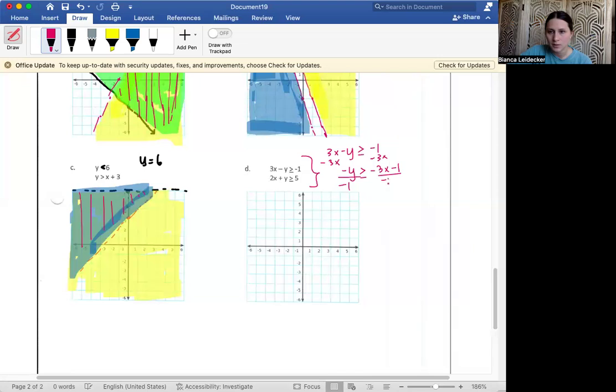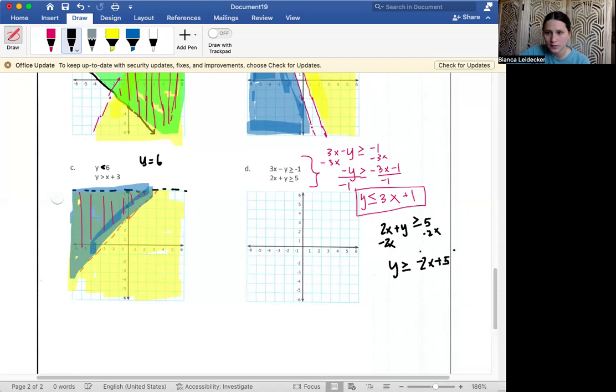Now remember, when you're dividing by negative 1, we've got to flip the inequality. So now this becomes y is less than or equal to 3x plus 1. Okay, this is the first equation. The second equation, I'm going to do in black. I'm going to subtract 2x on both sides. When I do that, I have y is greater than or equal to negative 2x plus 5. This is my second equation.